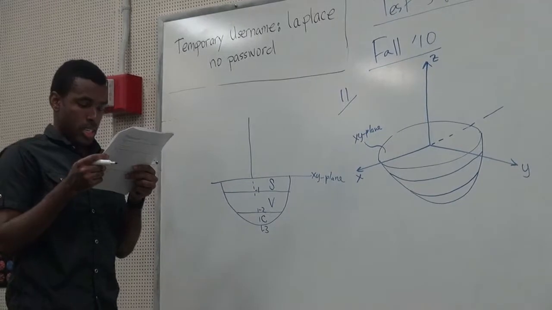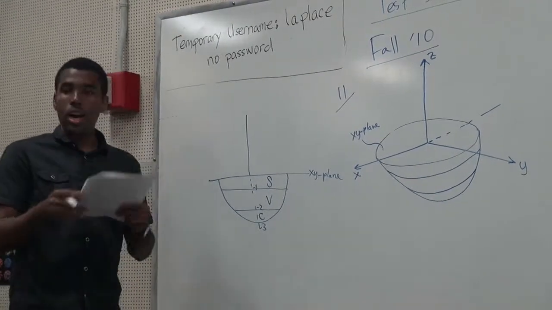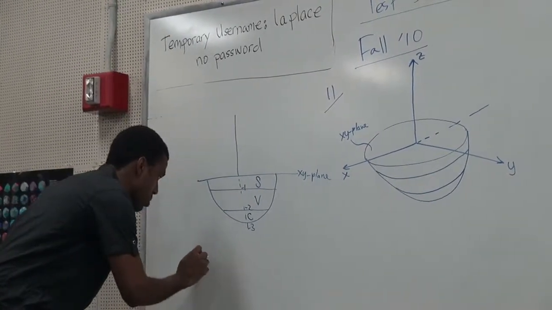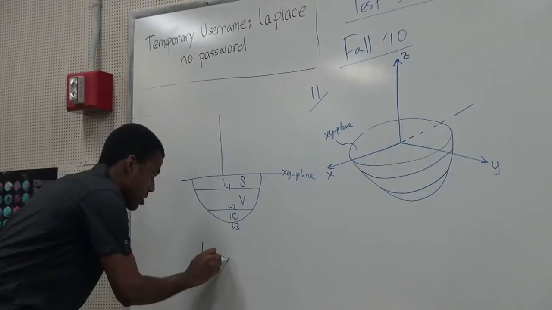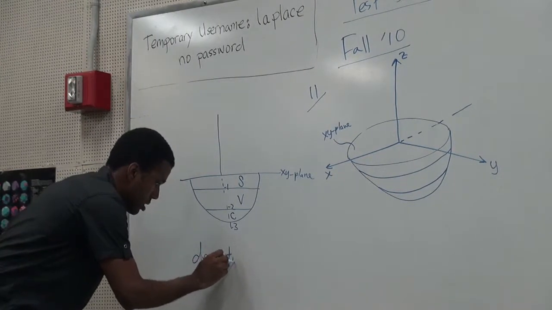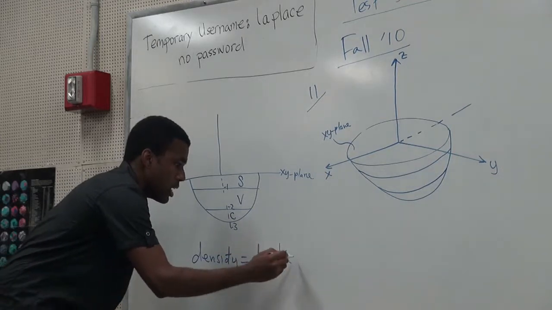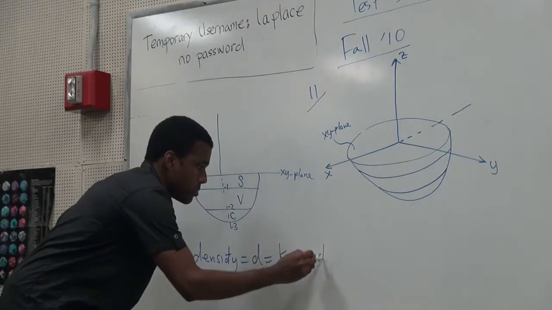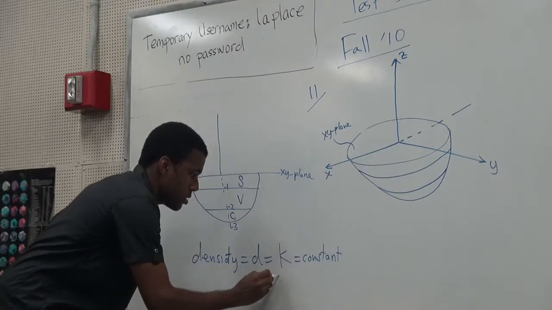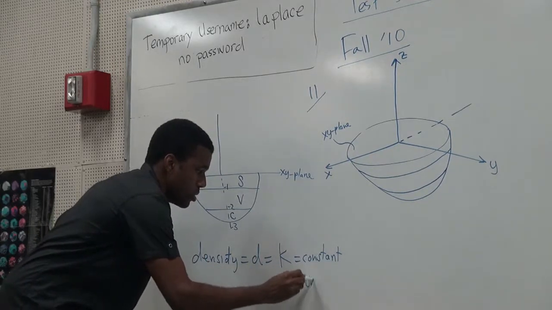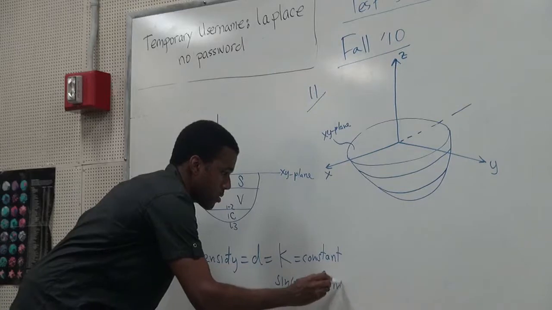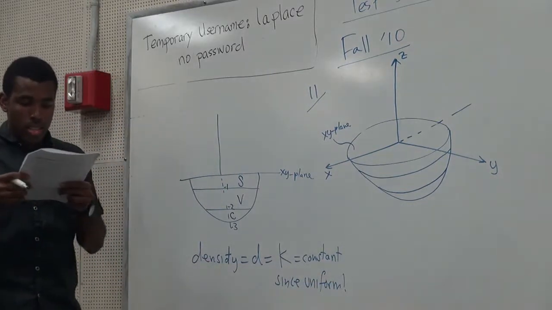But the densities are uniform. Uniform density means it's a constant. So density, let me call it D, is K, a constant.